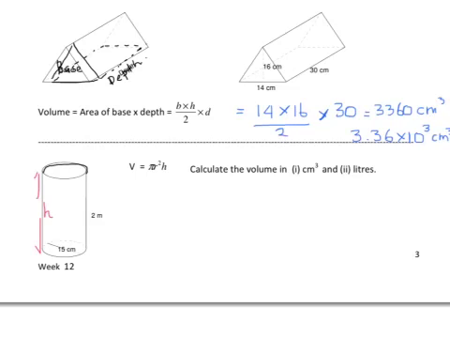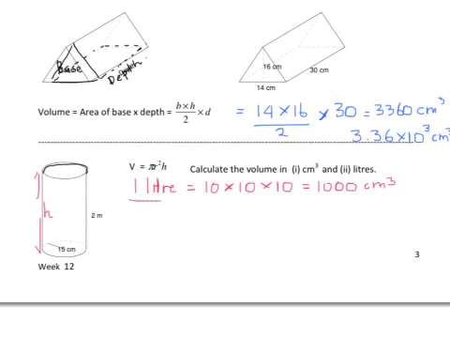Now what's a litre? Well, if you think about a litre of milk, if you buy a litre of milk, it's in an almost square shape, but if you did put it into a square shape, it would be 10 centimetres by 10 centimetres by 10 centimetres, which is 1,000 centimetres cubed.